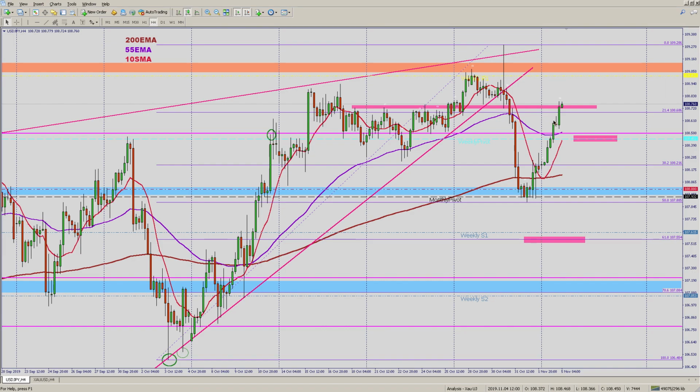So we'll see whether it's able to continue higher as the optimism on the phase 1 deal continues, and both sides are hoping to sign an agreement within this month.